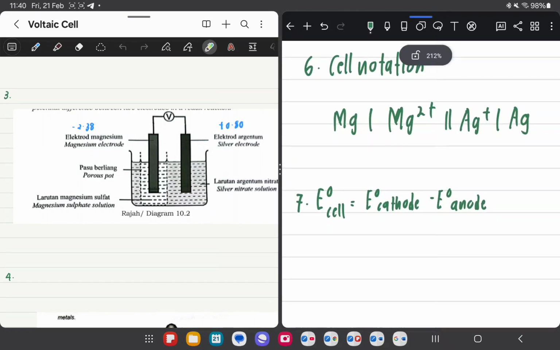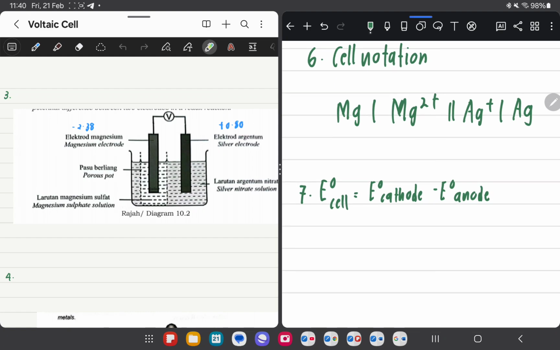So for E0 of the cell we want to find E0 for the cathode. What is your cathode? Your cathode is the more positive, so silver is your cathode. Can you agree, just now, right up there? So what is the value? Positive 0.80 volt. Remember, when you're doing the calculation with this formula, you must write the positive or negative value. Then minus, and your anode has a negative, so negative 2.38.